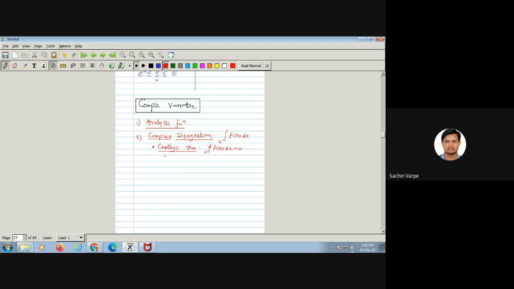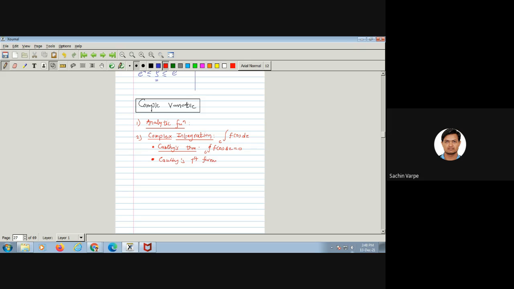And if there are a finite number of points of singularity inside the closed contour, then we have Cauchy's first formula. If there is only one singularity inside the domain, then it says f of a, but I'm not writing the formula now, I've already explained it in the morning.